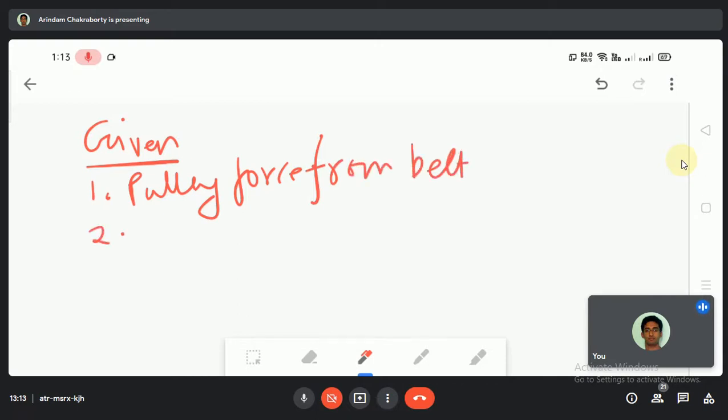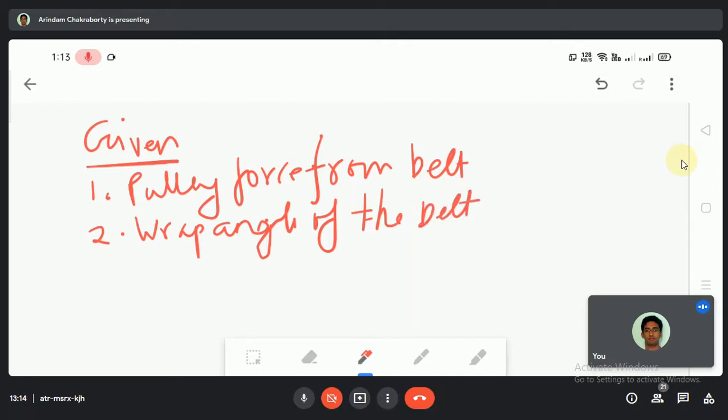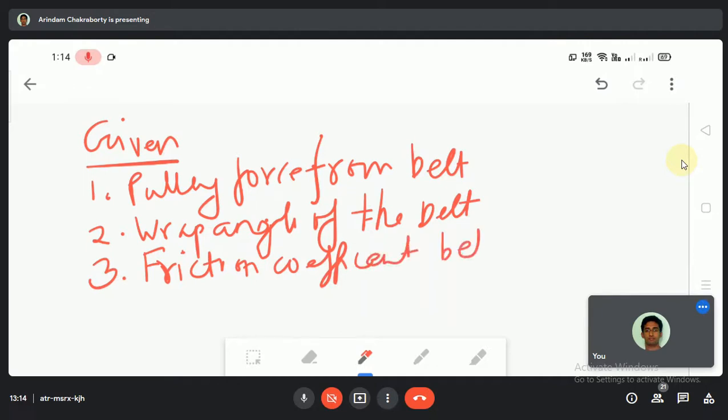Number two will be the wrap angle of the belt, and what else will be given, friction coefficient between belt and pulley.